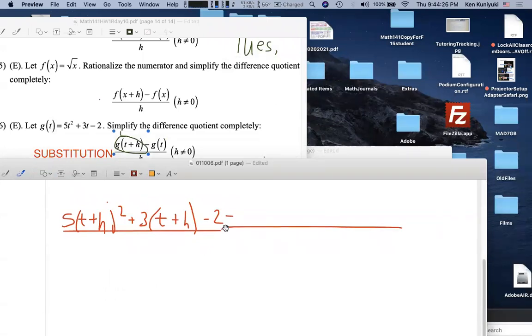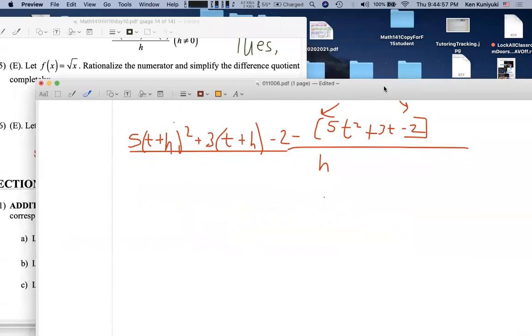Minus G of t, which is the group 5t squared plus 3t minus 2. Make sure you put grouping symbols here. All over h. Okay, that's where you start. That's the key thing, to do the substitutions.